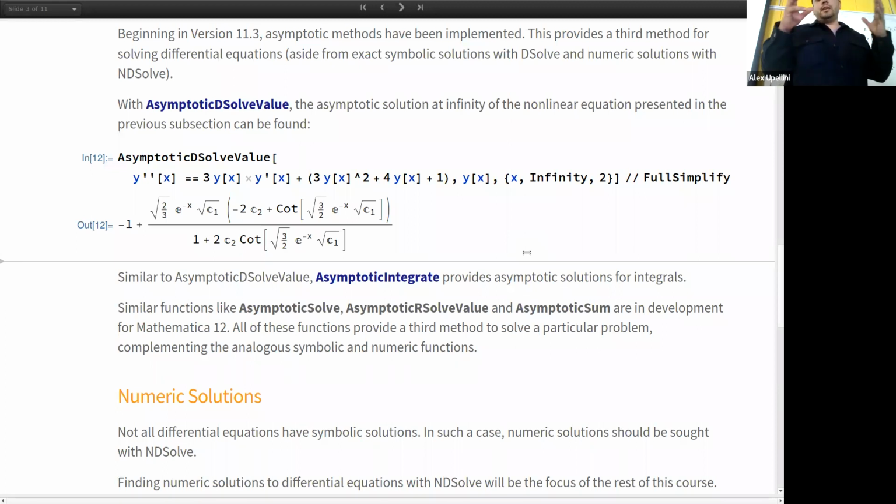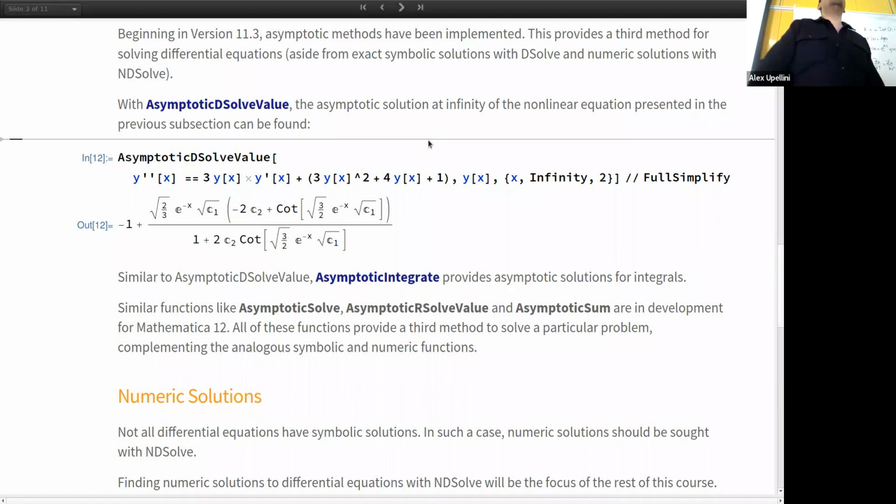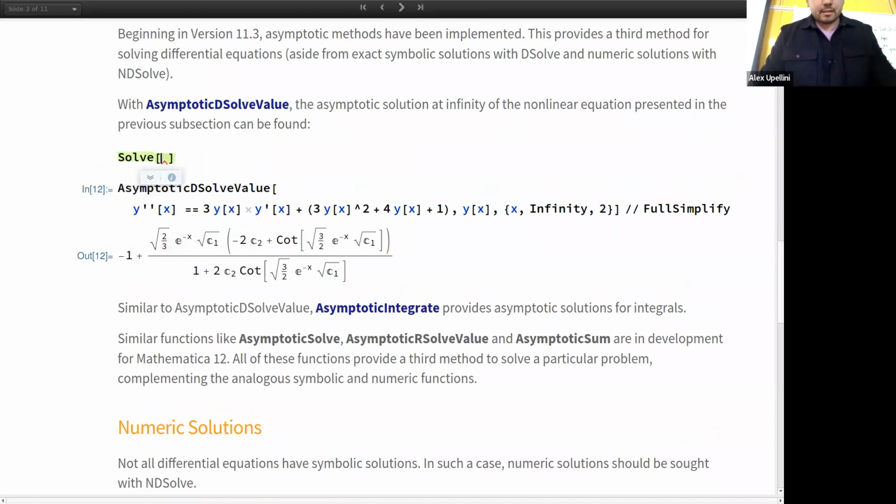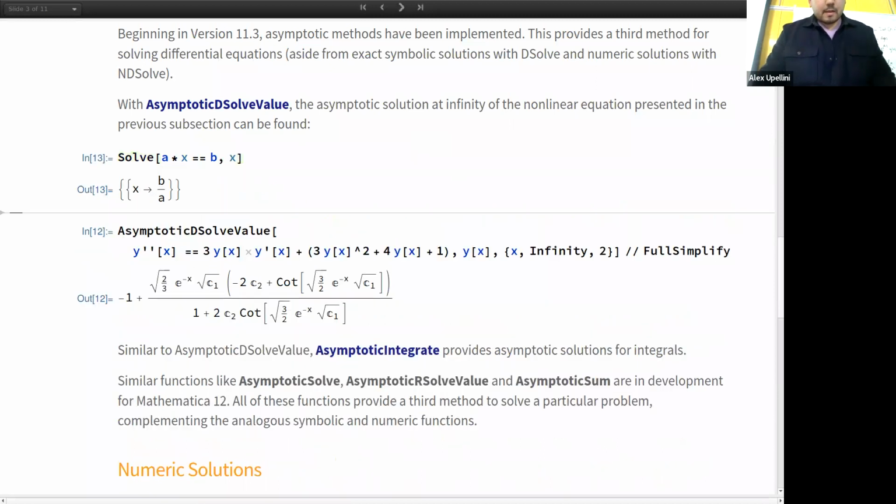If you want to control this, for example, let me think of a simple example: a times x equals b. In this example, a must be different from 0 to make sense, because if a is 0, you can't do that. So there is an implicit assumption that a is not 0.